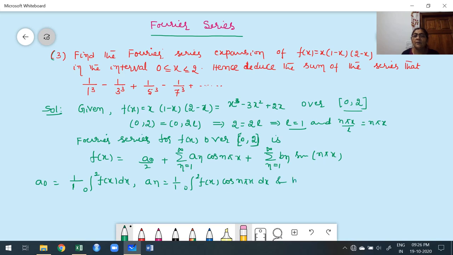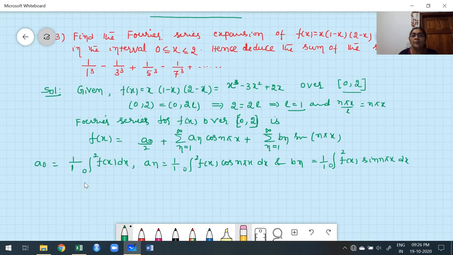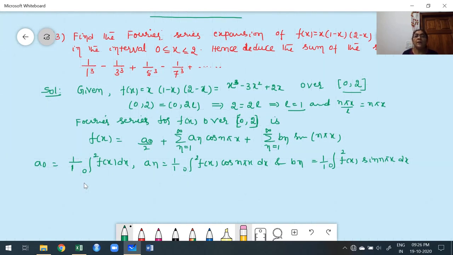And bn is 1 by 1, integral 0 to 2 f of x sin of n pi x with respect to x. Next, find the values of a0, an and bn using the given function, which we expanded as x cube minus 3x square plus 2x.